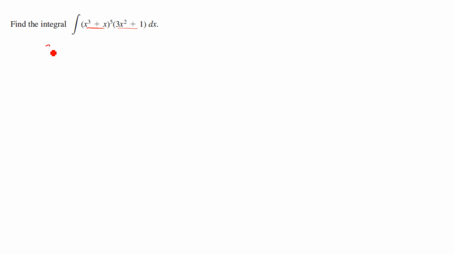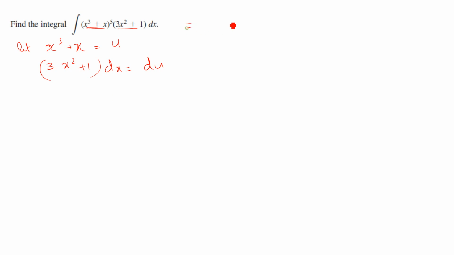Let x cube plus, sorry, x cube plus x be equal to u. Then taking the differential, we have (3x squared plus 1) dx equal to du.